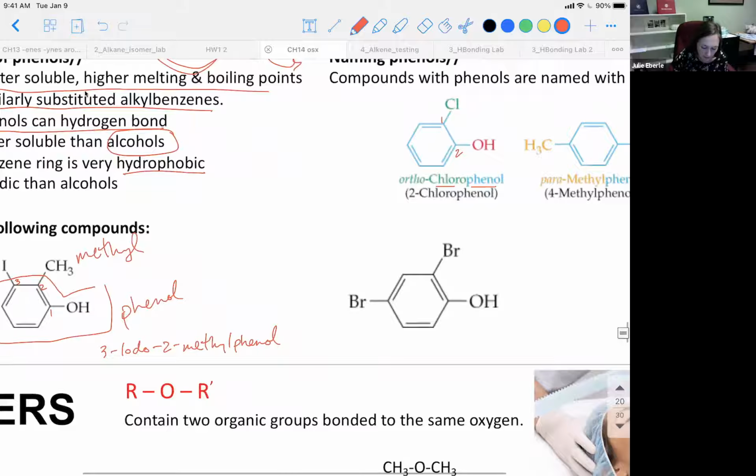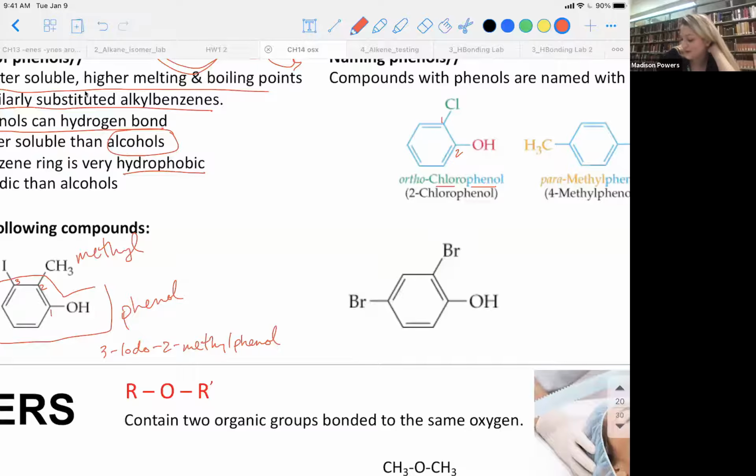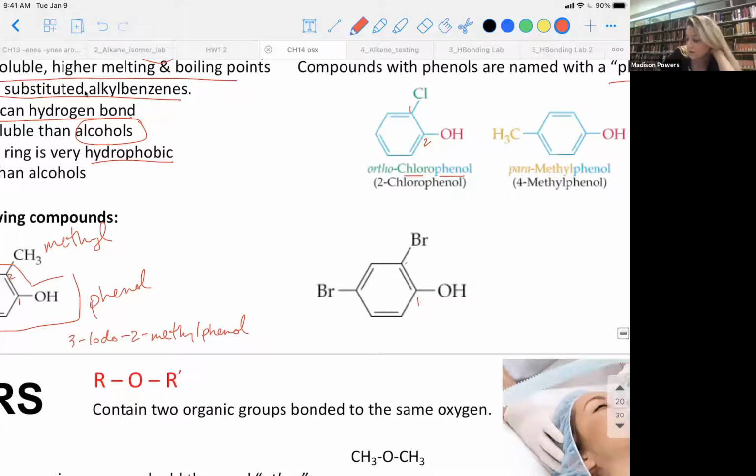Okay, what about this next one? Would it be, I'm not sure if I'm going to do this right, but would it be 2,4-bromophenol?